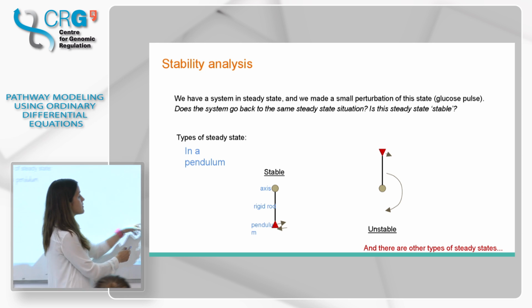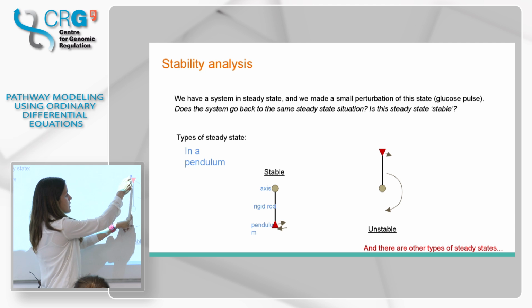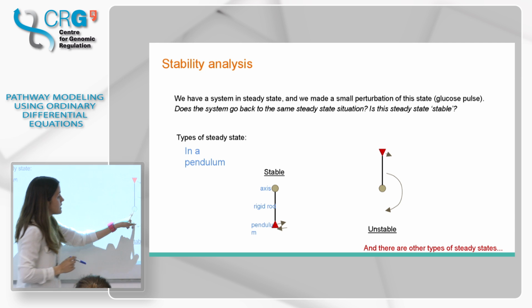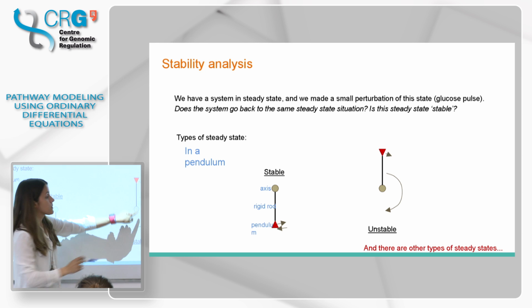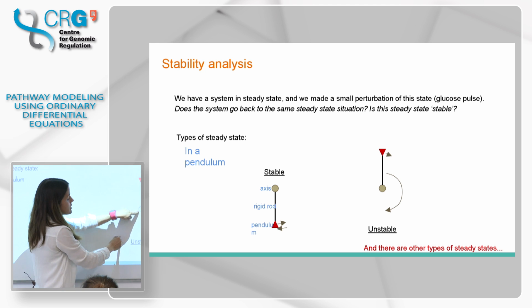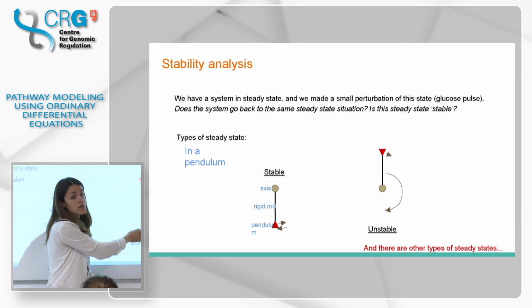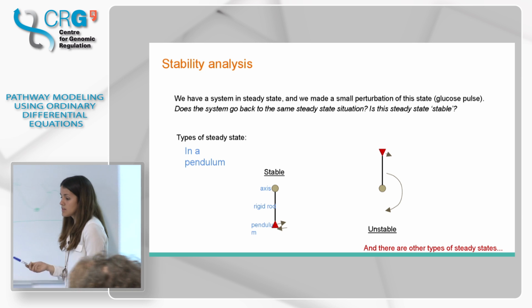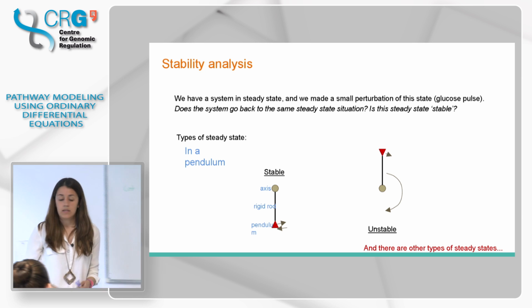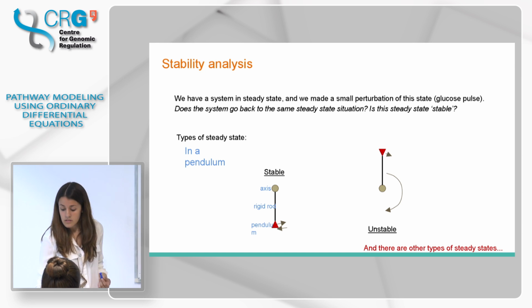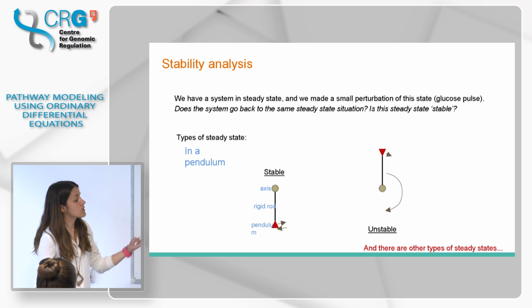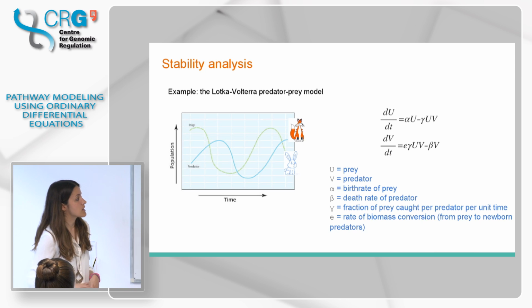However, if I have the pendulum up here, exactly in equilibrium, if I move it a little bit towards one side or another, it will fall and get to a new steady state, but not the same one as before. So this can happen also in the steady states that we're finding in these kinds of models. But of course, there are also other types of steady states.